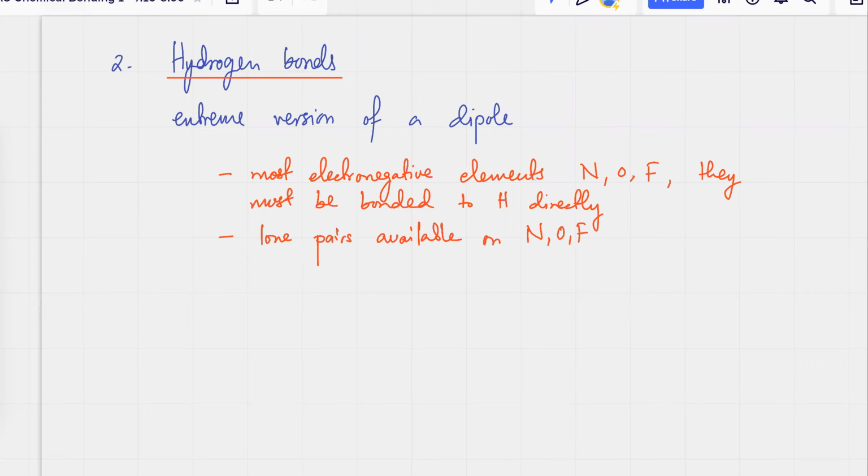So it's just an extreme version of a dipole. This is what's going to happen. For example, if I have an HF molecule. Now, the HF molecule has one of the most electronegative elements in the entire periodic table. So there's going to be a very, very strong attraction for electrons towards one side.